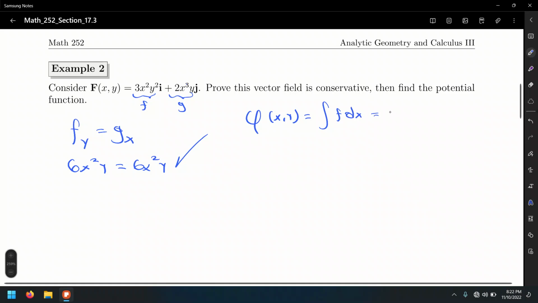Well, that's the integral of 3x squared y squared dx, and the integral of this with respect to x is x cubed y squared.